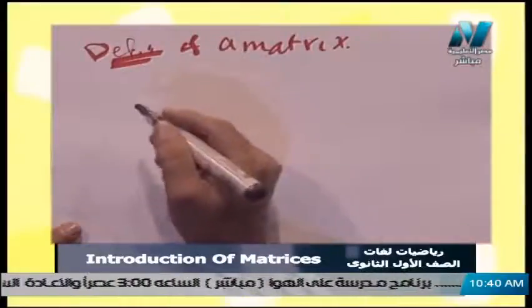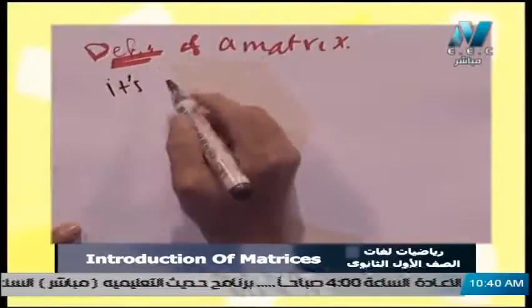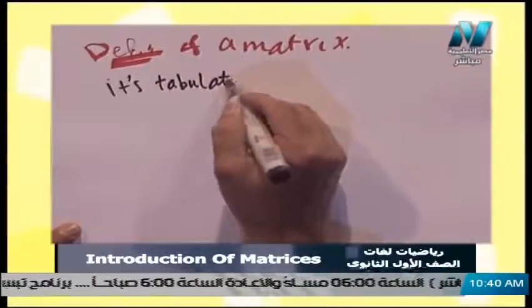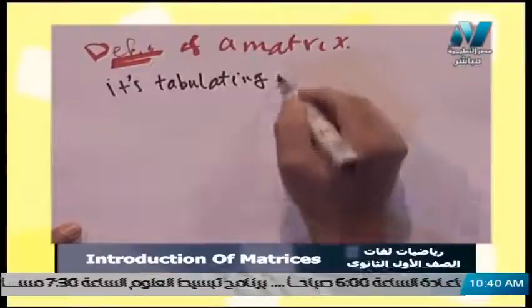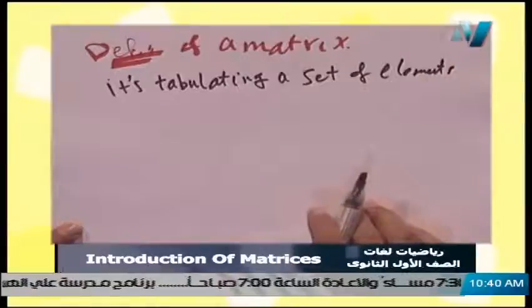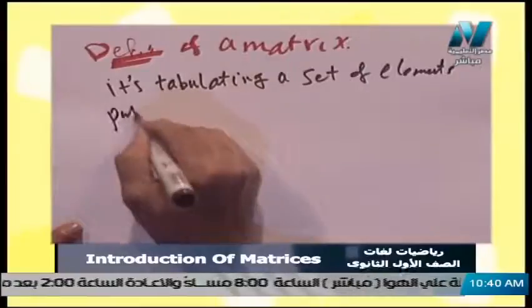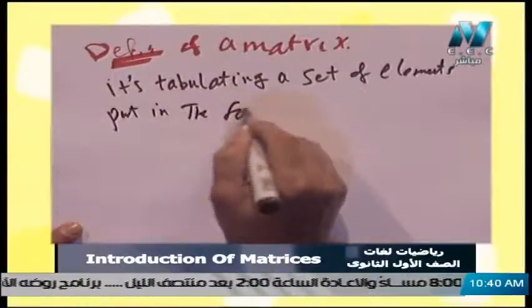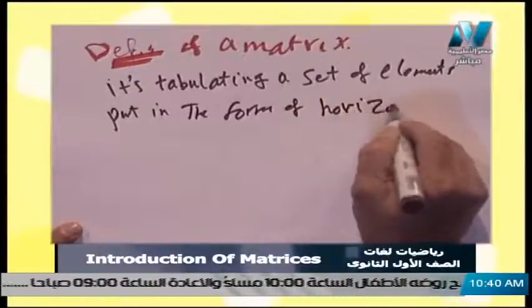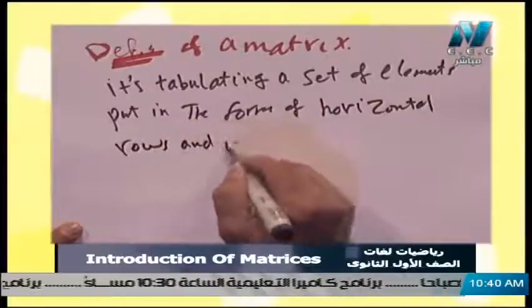So it is tabulating as a table, a set of elements. Okay, put in the form of horizontal rows and vertical columns.